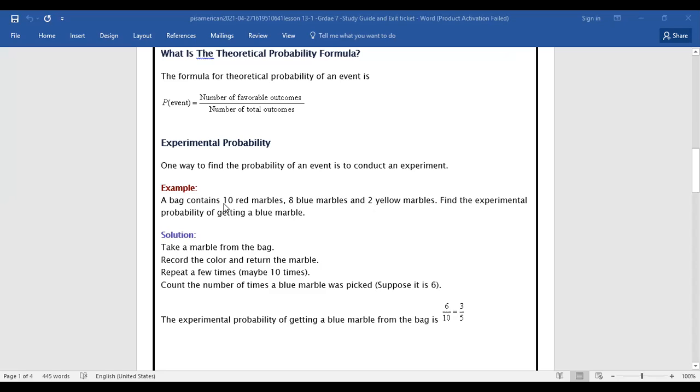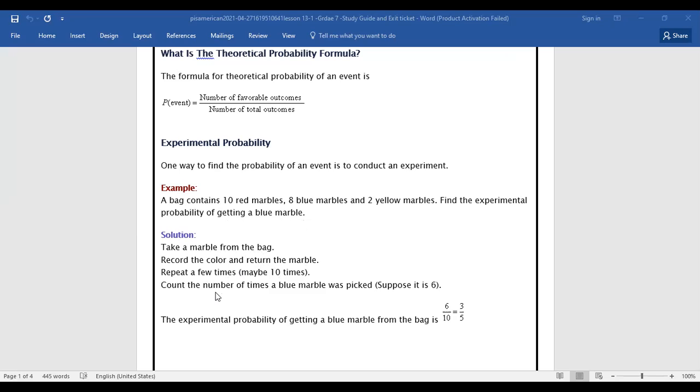A bag contains 10 red marbles, 8 blue marbles, and 2 yellow marbles. Find the experimental probability of getting a blue marble. Take a marble from the bag, record the color and return the marble. Repeat a few times, maybe 10 times.